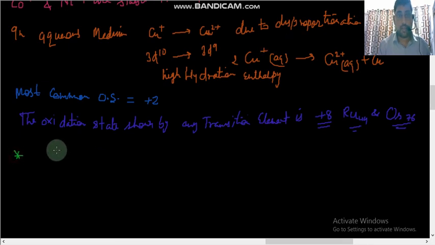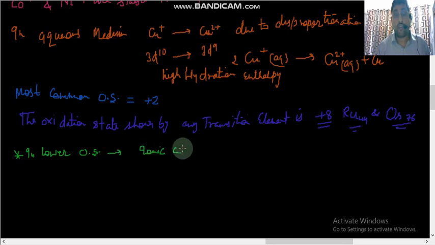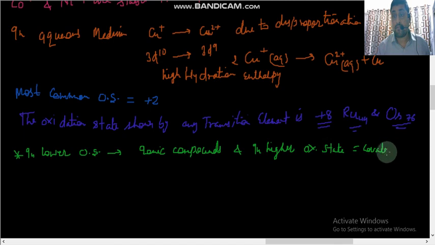Now in lower oxidation states, they generally form ionic compounds, and in higher oxidation states they form covalent compounds.